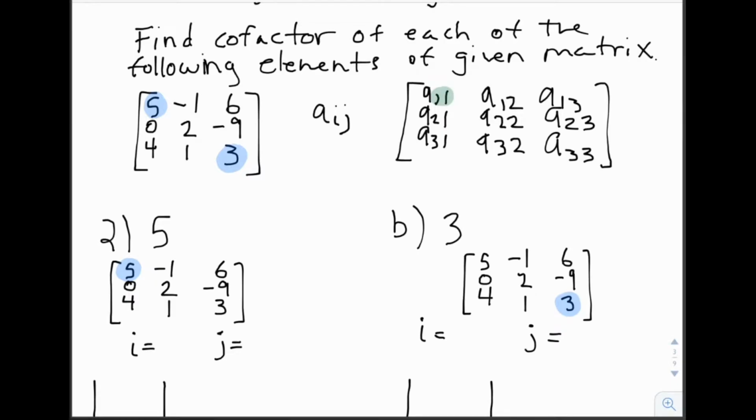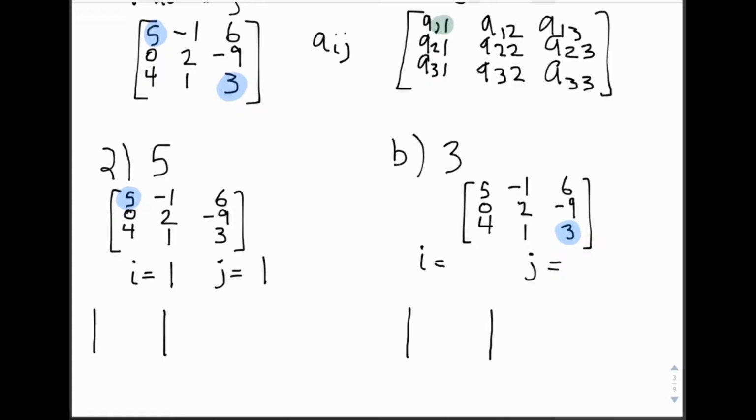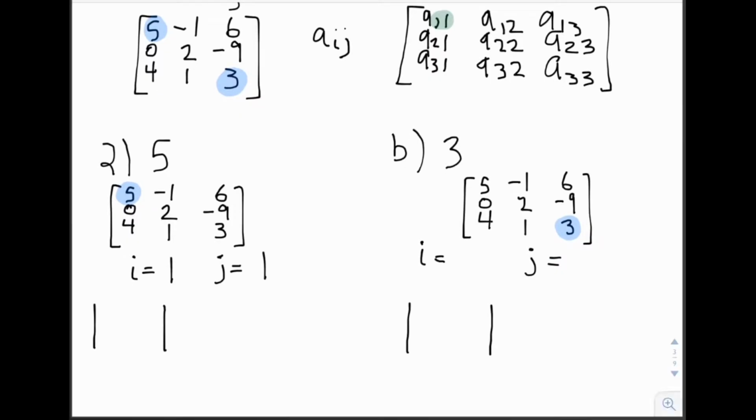What do we need to do? We need to find the minor of this one. So we eliminate this row right here, and then we eliminate this column. What are our remaining elements? We will have a 2, a -9, a 1, and finally a 3.